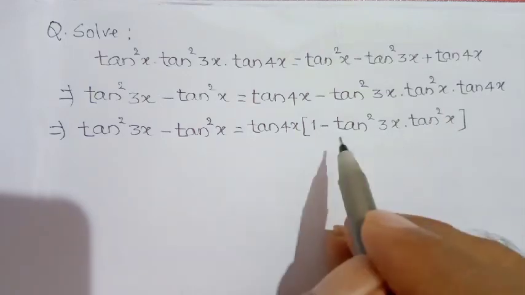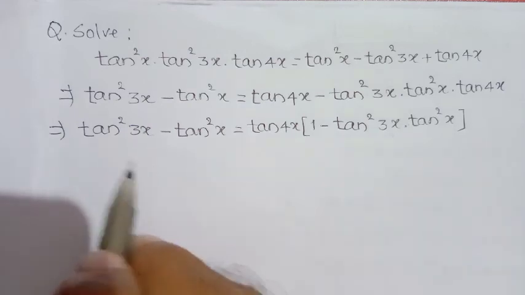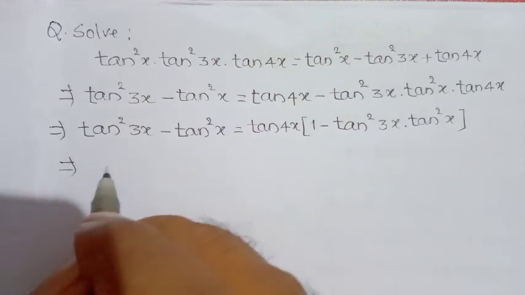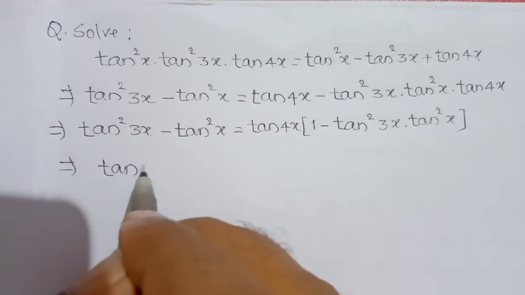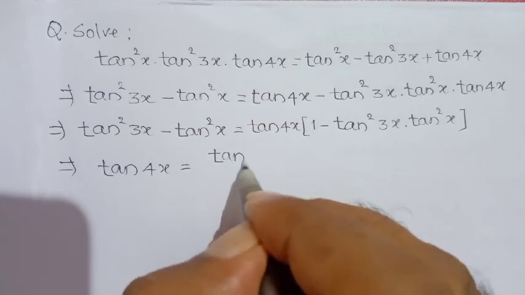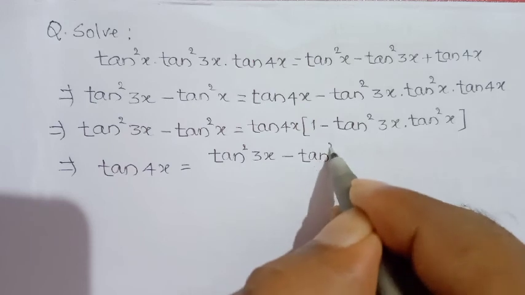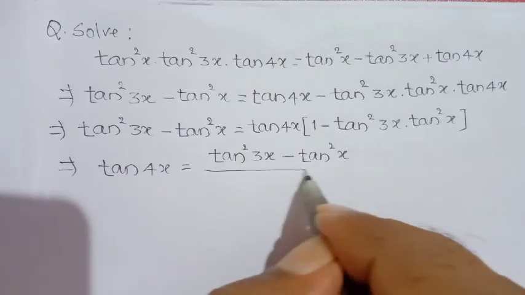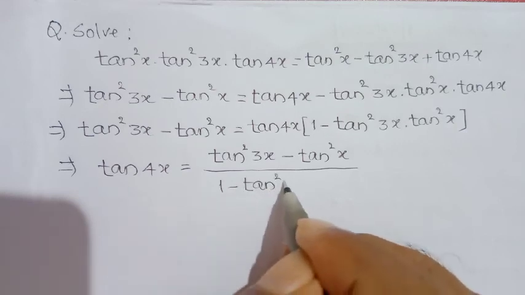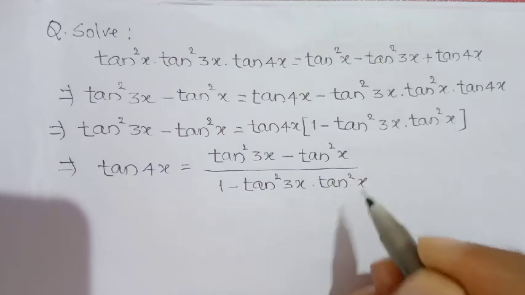Now write this bracket term to the left side, so it will come in division. Hence tan 4x should be written as tan square 3x minus tan square x divided by 1 minus tan square 3x into tan square x.